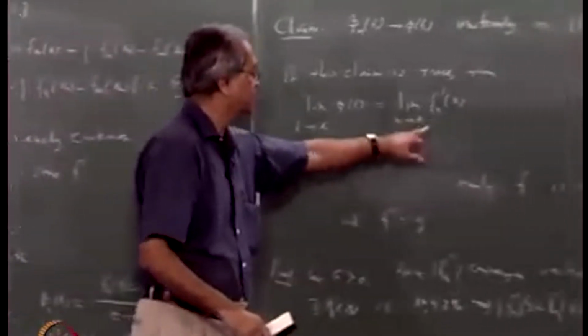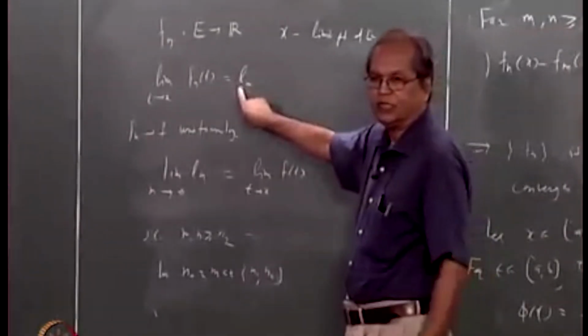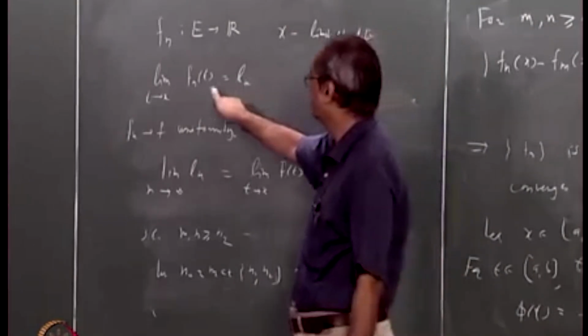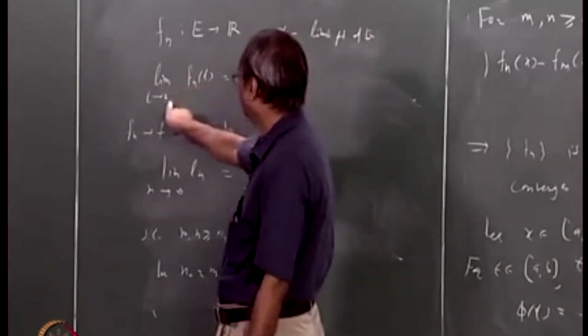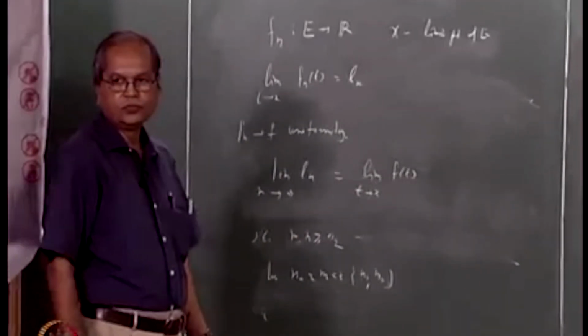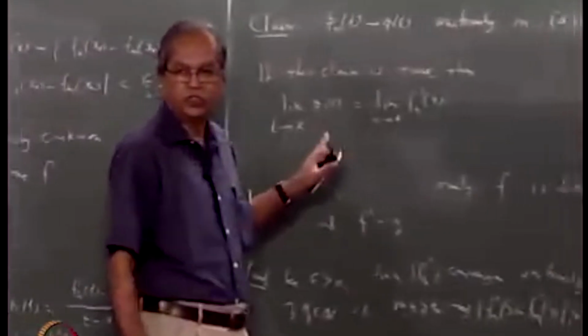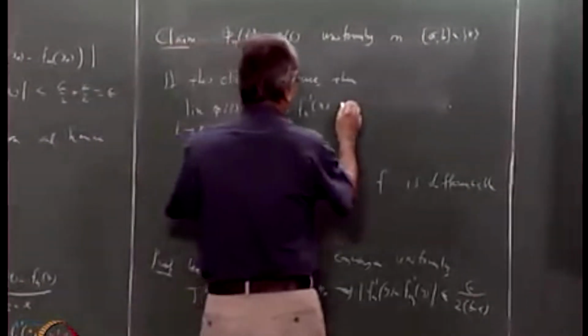Remember, fn prime(x) takes the place of ln, since the limit of phi n(t) as t tends to x is fn prime(x). But we have already assumed that fn prime converges to g. So this right hand side is nothing but g(x).